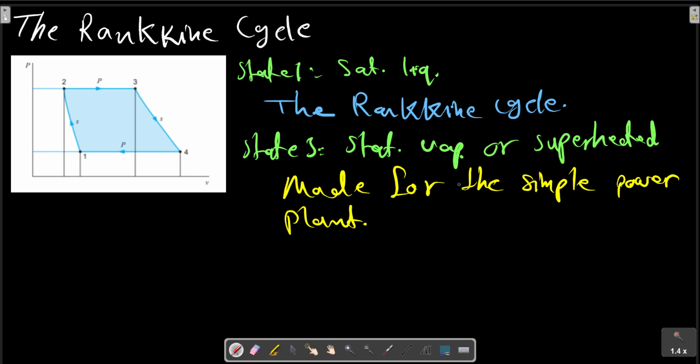It is convenient to show the states and processes on a TS diagram, as in the picture provided here.